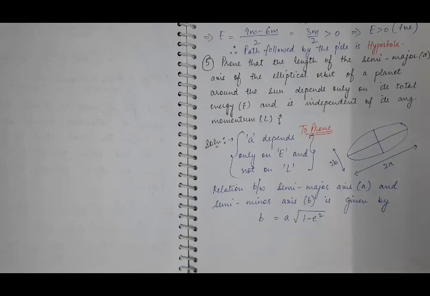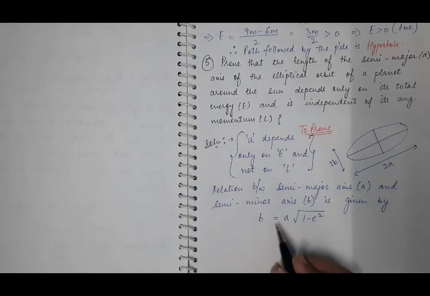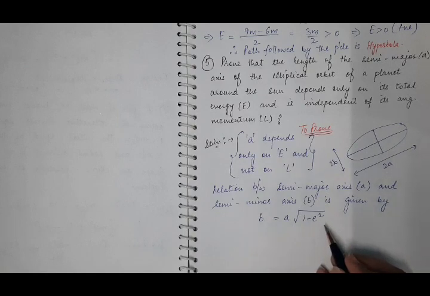Calculate the value of B. B is A root 1 minus E square.